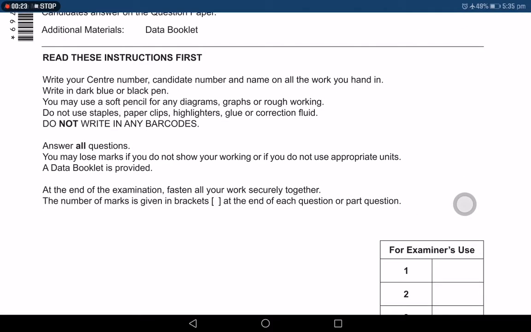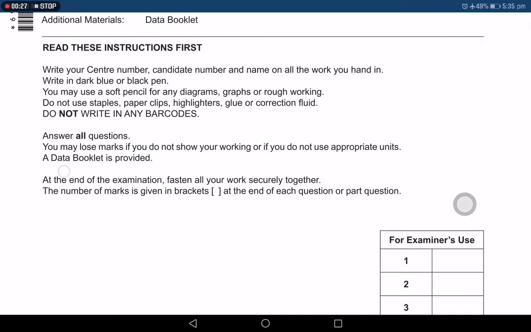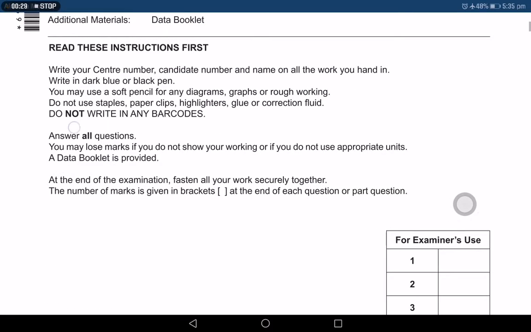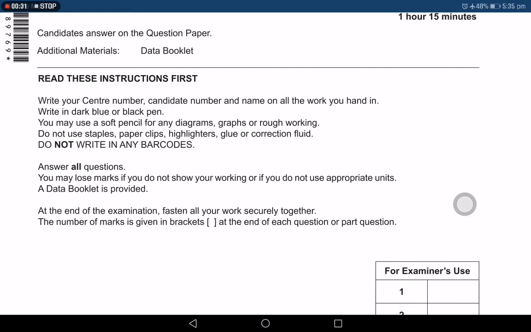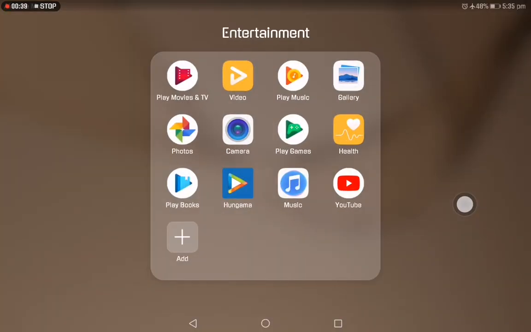These are all simple. The most important one is regarding the data booklet. You must be provided with a data booklet. The data booklet looks like this. Let me just show it to you. It looks more or less like this.